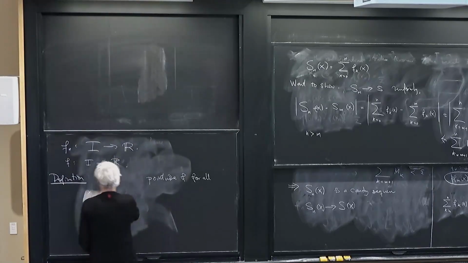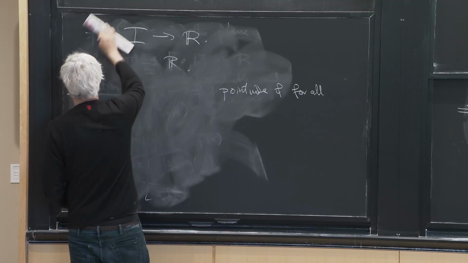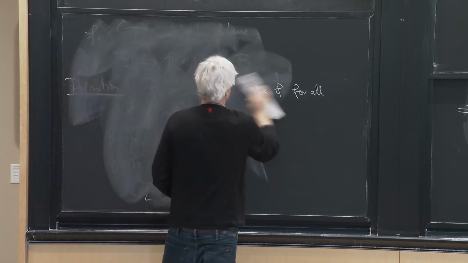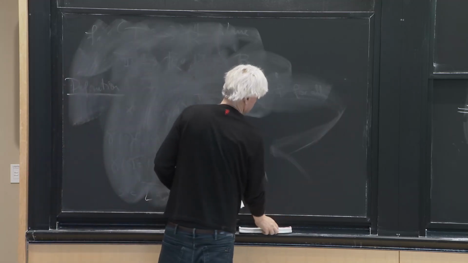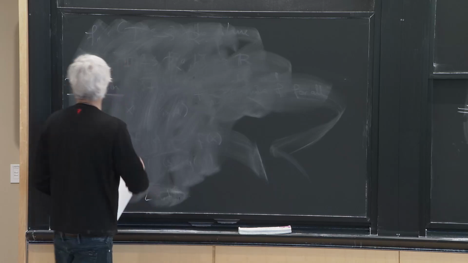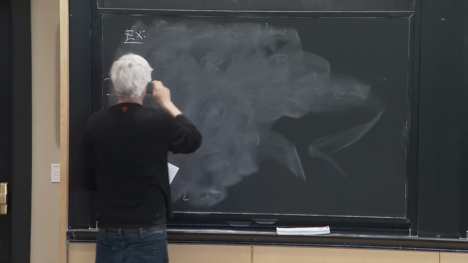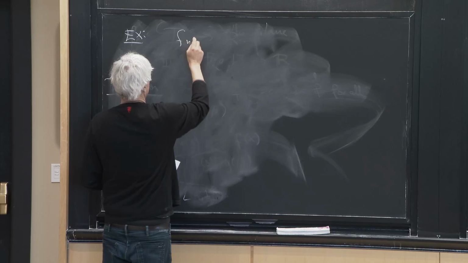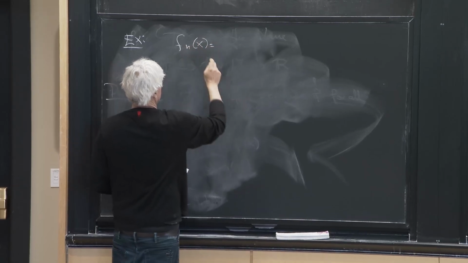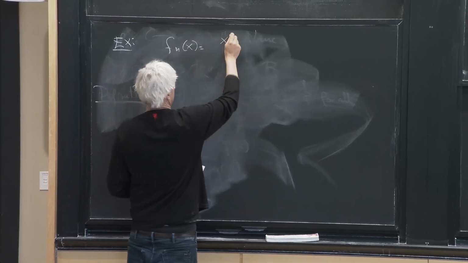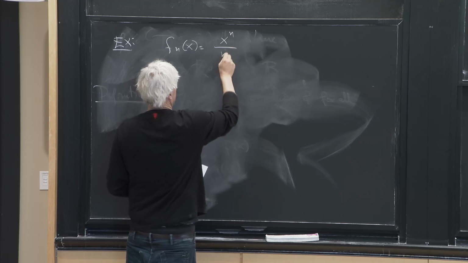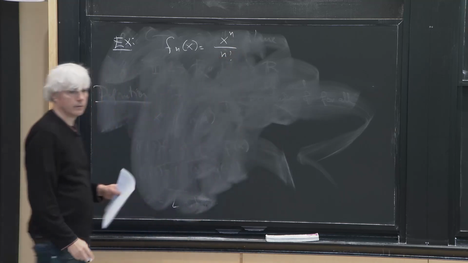In fact, let's look at the example we just looked at, which we said followed from the Weierstrass M-test. I take a function fn of x, which is x to the n divided by n factorial.